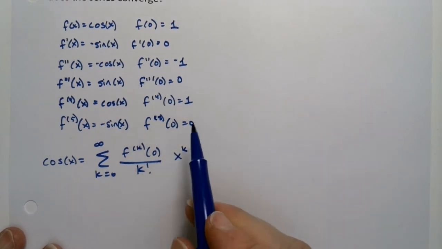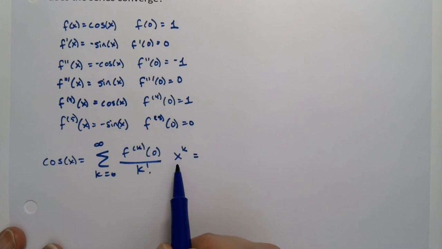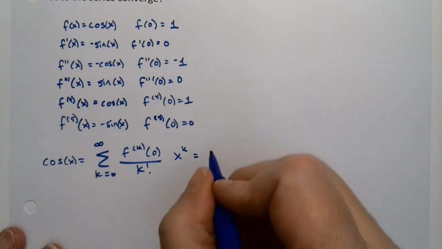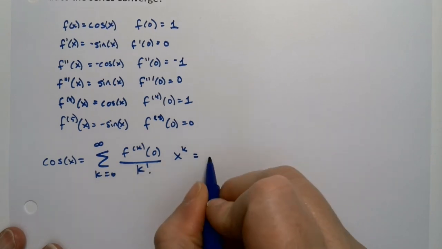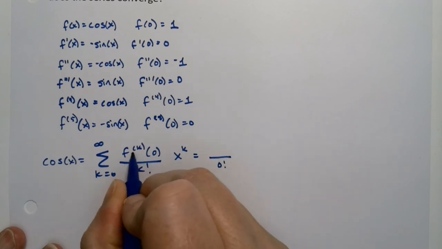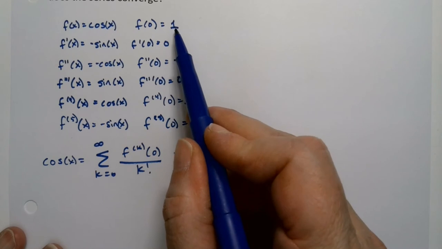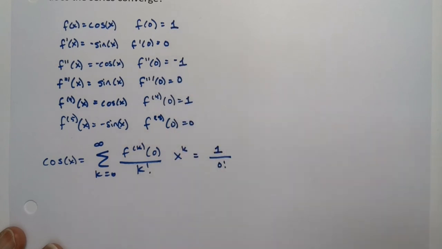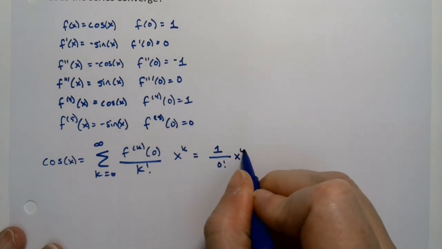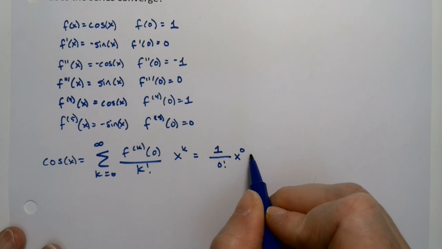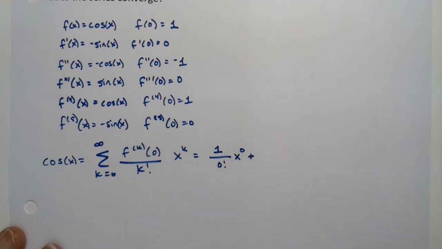Okay, so for the first piece, that would be at k equals 0. So that would be 0 factorial in the denominator, the 0th derivative at 0, in other words, the function at 0, which is 1 right here, and then x to the 0 plus, and then I'm going to skip the 1 part, right?